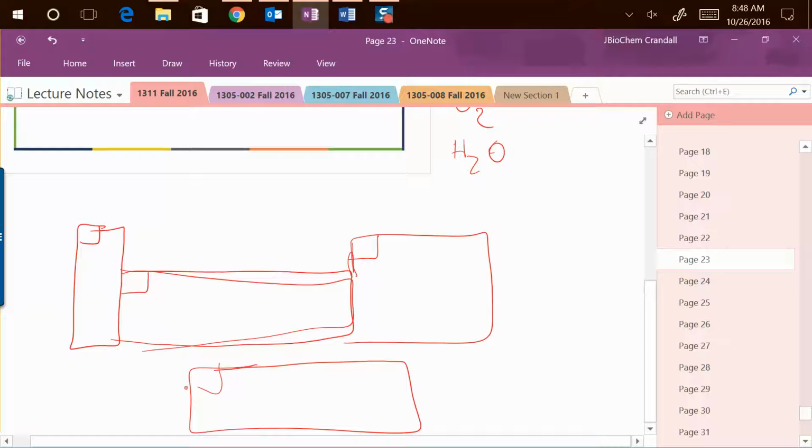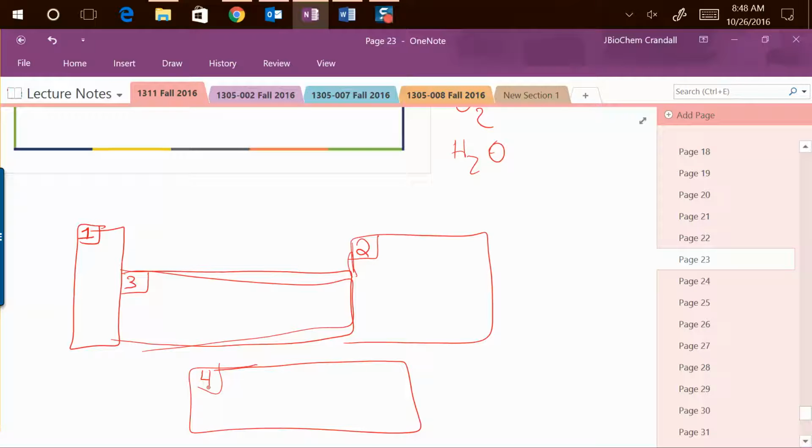Okay? All you have to do is be able to count to 4, which I hope you guys can do since you're in here. So, 1, 2, 3, 4. This is the 1s.